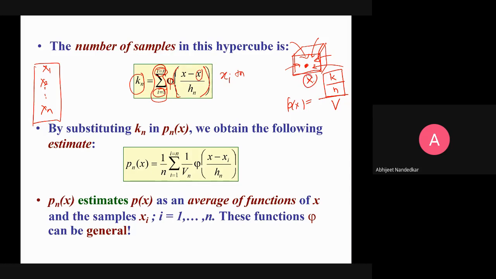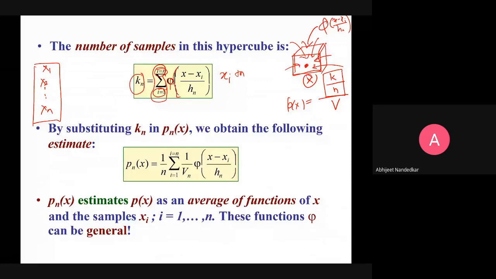Now I want to find out how many samples do fall into this box. So this box is now represented by a psi function, which is x minus, like this. Okay, so this is our psi function.